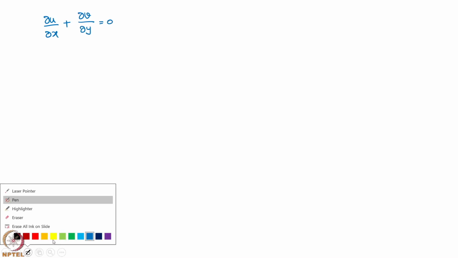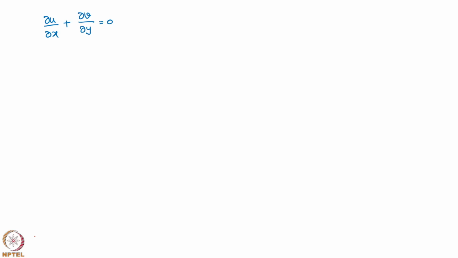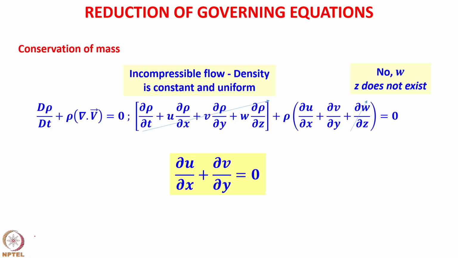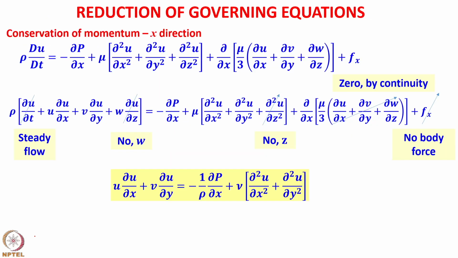Now let us look at how the momentum equation reduces. In the x momentum equation, the dou U by dou t term becomes 0 because it is steady flow, and there will be no W because it is two-dimensional flow.